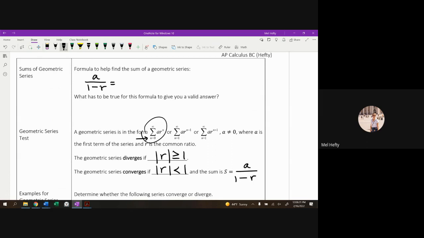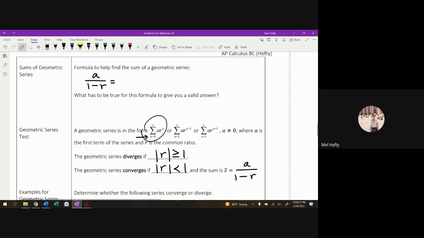And that's because it'll put to the 0 power here on the R. So that A is actually not just the A right there. It's whatever our first term is. So if you plug in whatever that index is on the bottom, the n equals whatever, if I plug that number in, that's my first term. That's what goes on the top. What do you guys think the R is? The ratio.